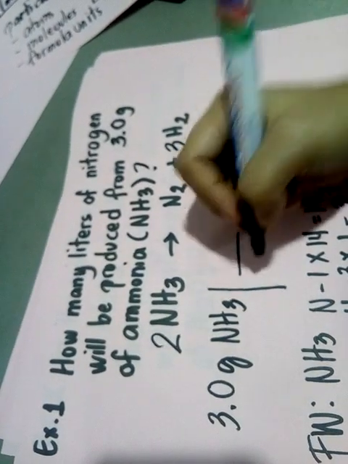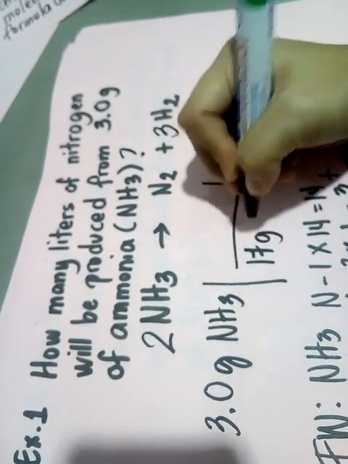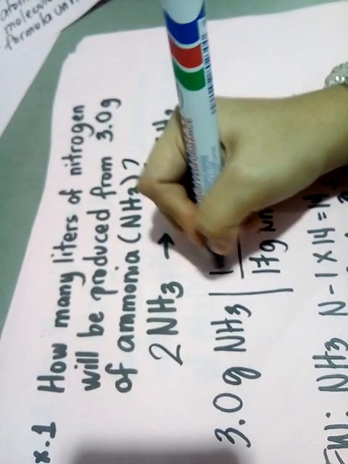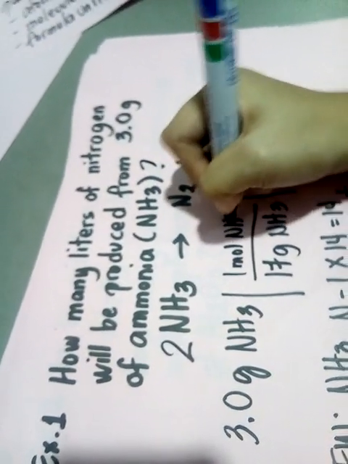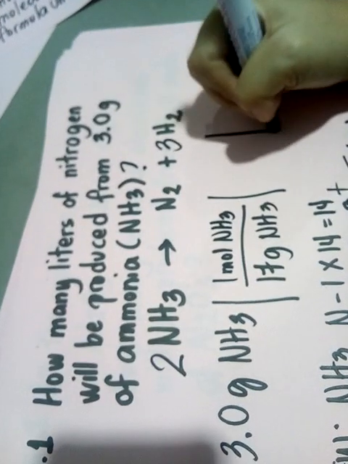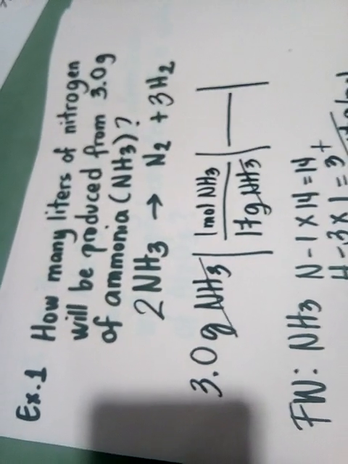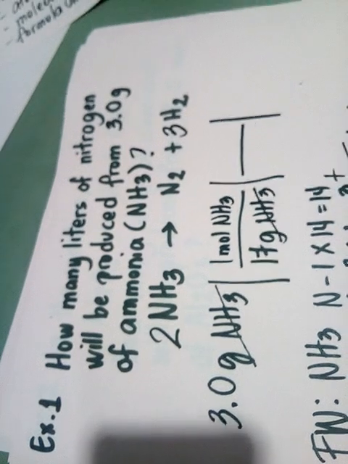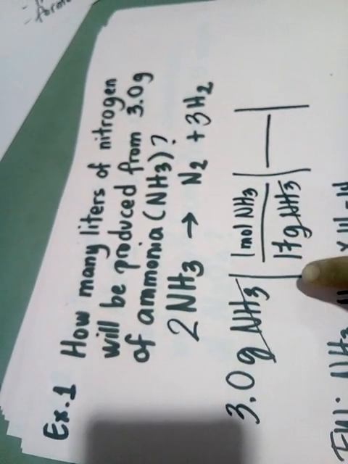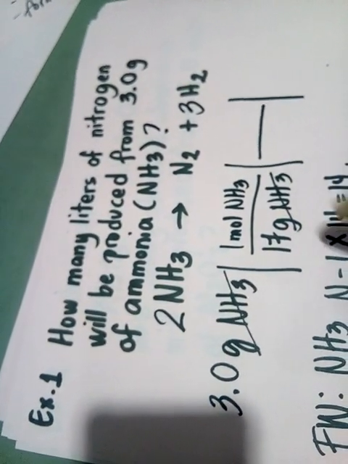Now, we're going to put that in our conversion factor. Here we have 17 grams of NH3 is to 1 mole of NH3. Now we have another conversion factor, but this time we can use the mole ratio because our unit is now in moles. We will get the mole ratio through the coefficients. So let's get the mole ratio between NH3 and nitrogen.